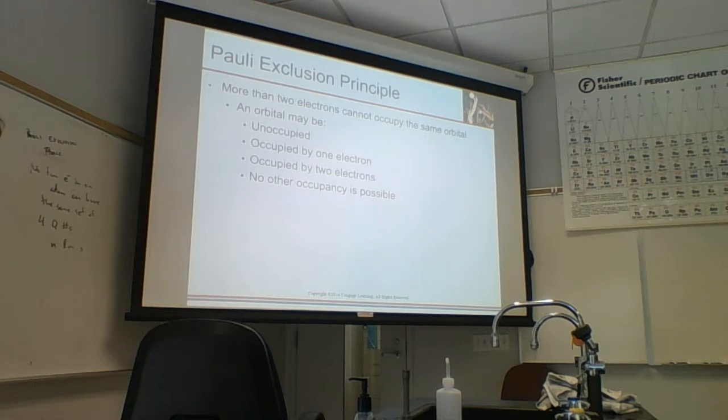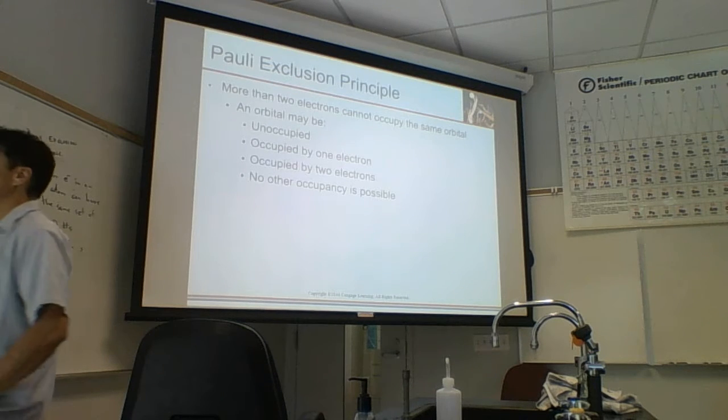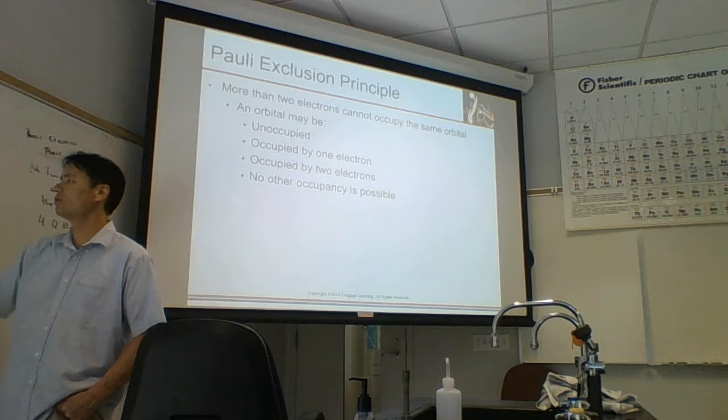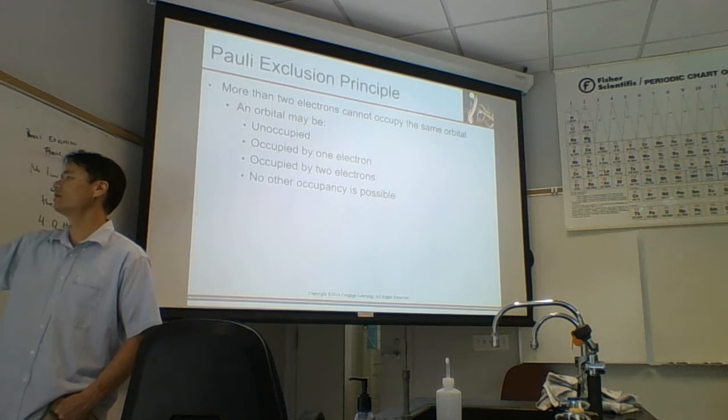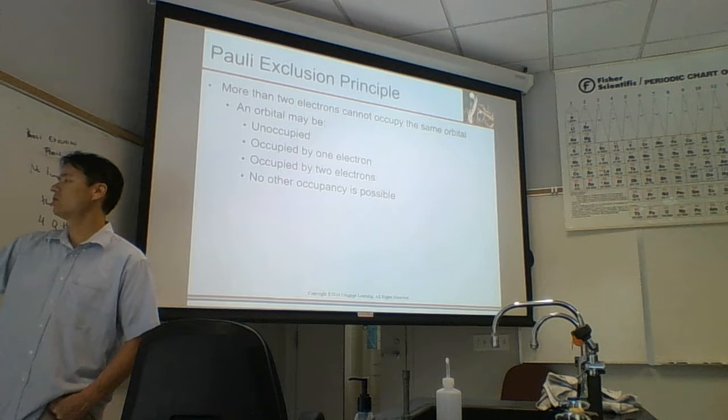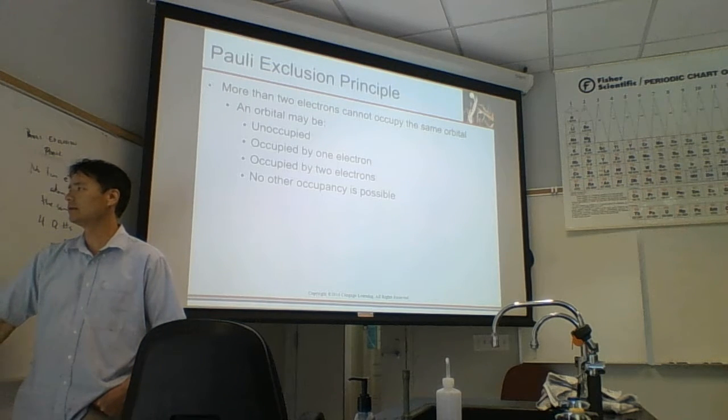If we go to helium, helium has 2 electrons. So what I could do is try to put both electrons in the same orbital, the same address. Can that happen? Yes, that can happen. And so I'll put both electrons in one orbital.